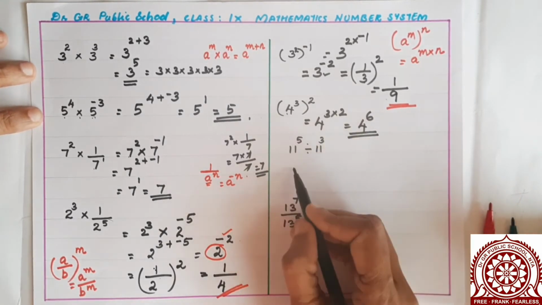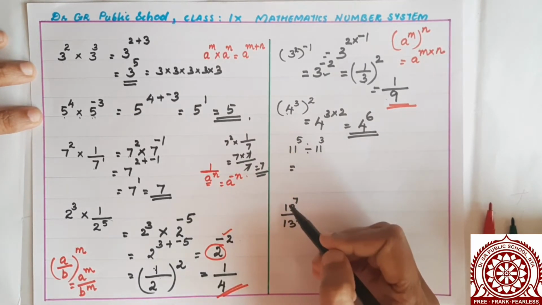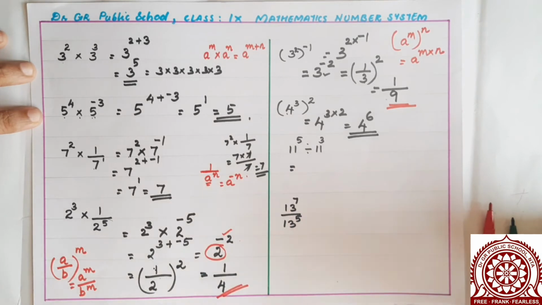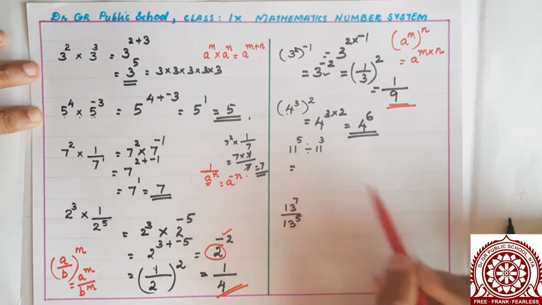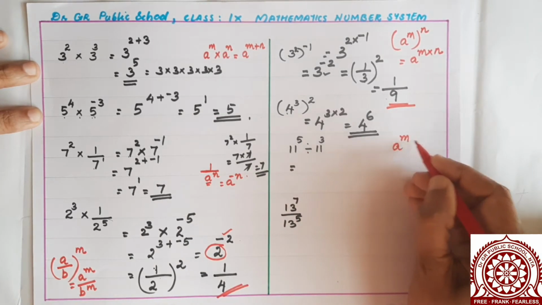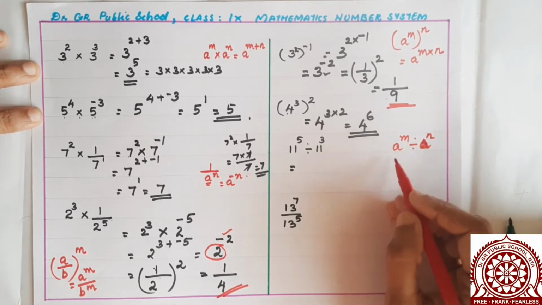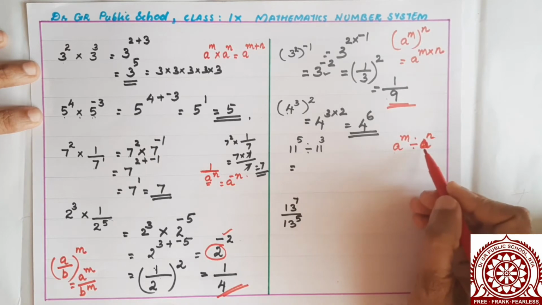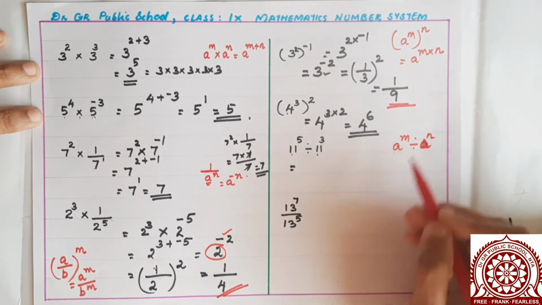Okay. Next question. 11 raised to 5 divided by 11 raised to 3. Which law can be applied here? Division, isn't it? So it is A raised to m divided by A raised to n, same base.